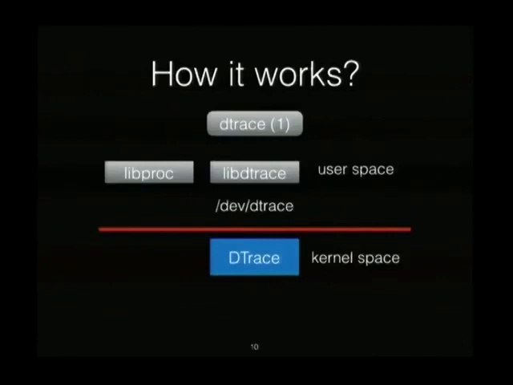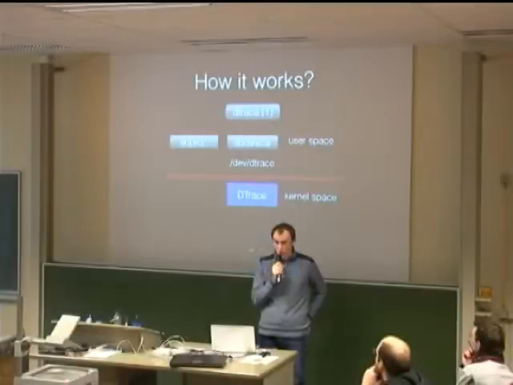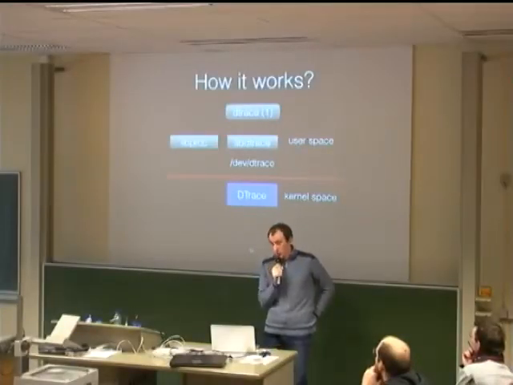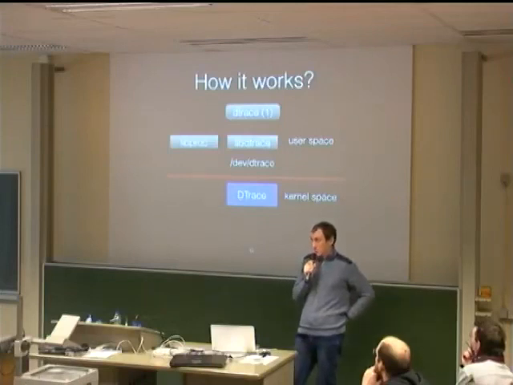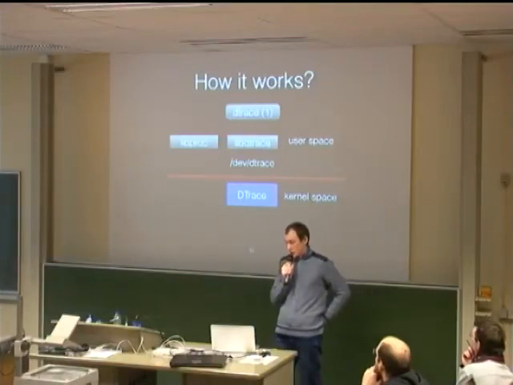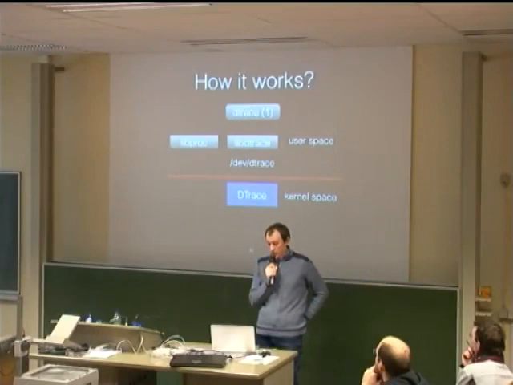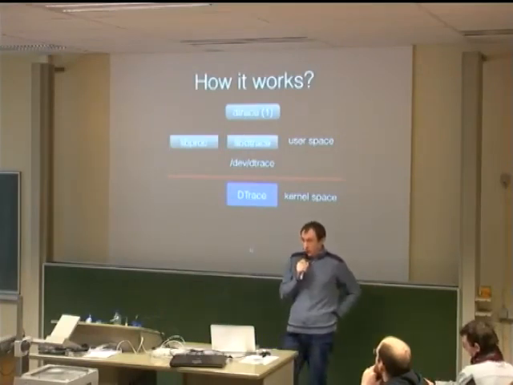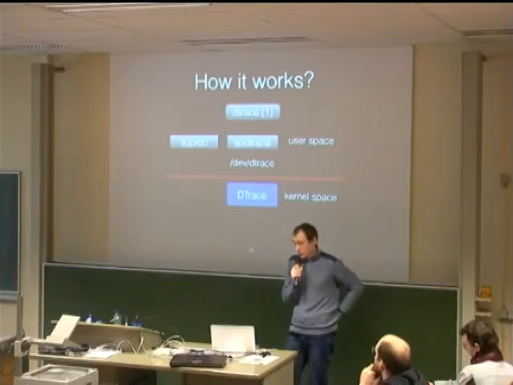It's a short scheme of how it works. In user space and kernel space, you have different kernel modules loaded in the kernel, and different providers also load in the kernel and work via libdtrace, libproc, and via the command line to DTrace.